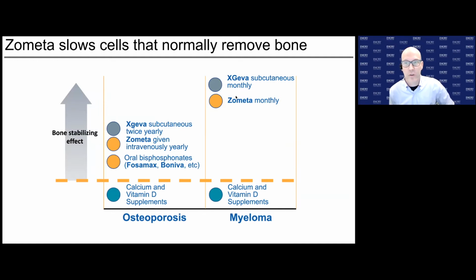Basically, it's because these drugs, when given in a myeloma-related setting, you're giving them monthly, whereas in osteoporosis, these are given just once or twice a year, and Fosamax or Boniva and other agents are often given on a daily basis, but they don't have a significant bone-stabilizing effect in comparison to the way that myeloma bone disease rages in most of our patients.